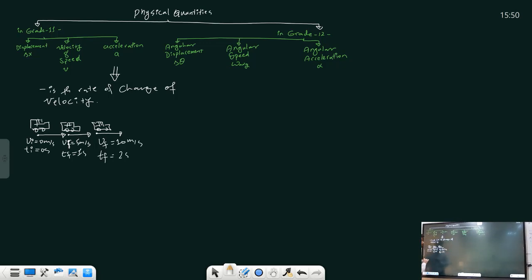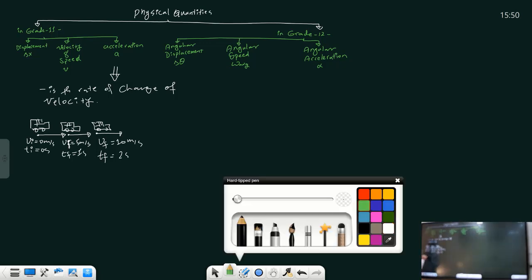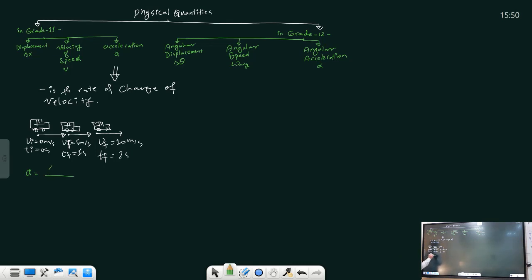So the velocity of the car is changing. Acceleration is equal to the change in velocity divided by the time interval. So acceleration is equal to delta v, final velocity minus initial velocity, 5 divided by 1, which is equal to 5 meters per second squared.